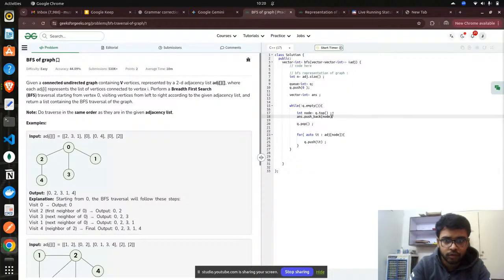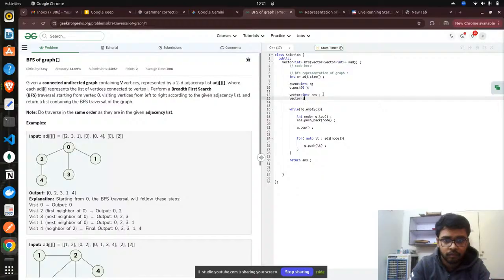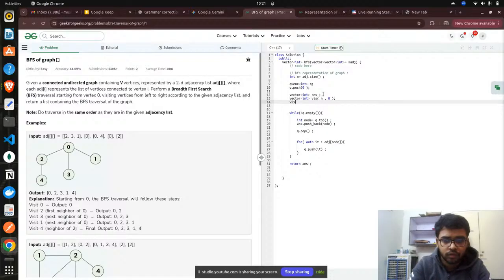Answer push back node. Visited array of 1 2 3 4 5 and 0, where visited 0 equals 1.